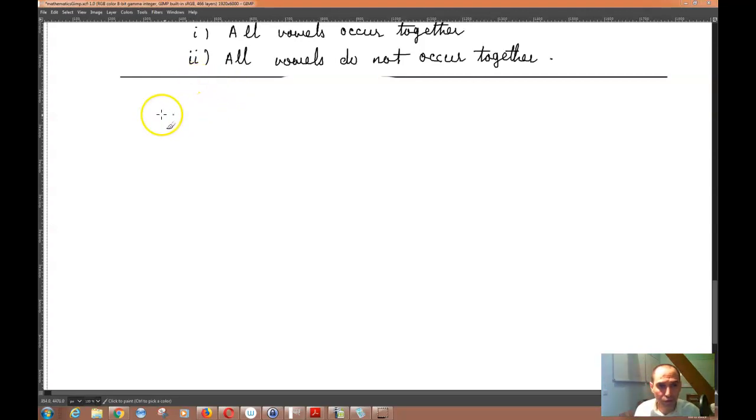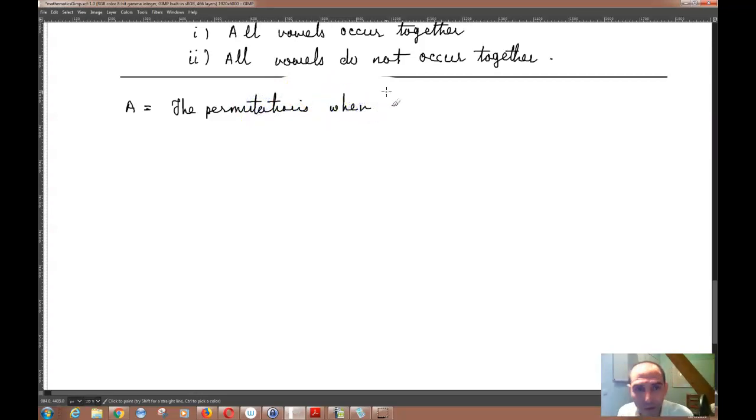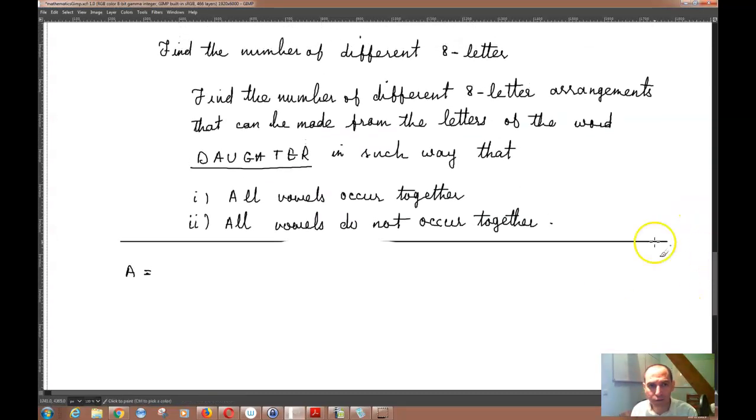So then what you need to do is, for example, take A as all the possible permutations of the 8 letters. You have 1, 2, 3, 4, 5, 6, 7, 8 letters.